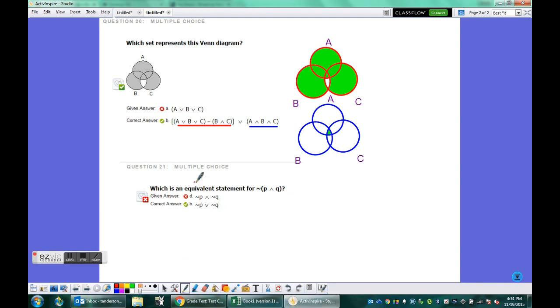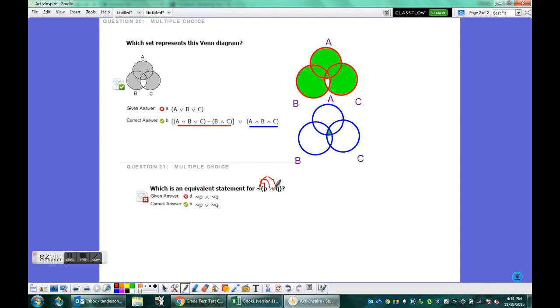421 here. So it says, which is an equivalent statement for not P and Q. Okay, so this one, it's almost like you've got to kind of distribute that not to all 3 parts. So I've got the opposite of P, which you got matches that one you had.